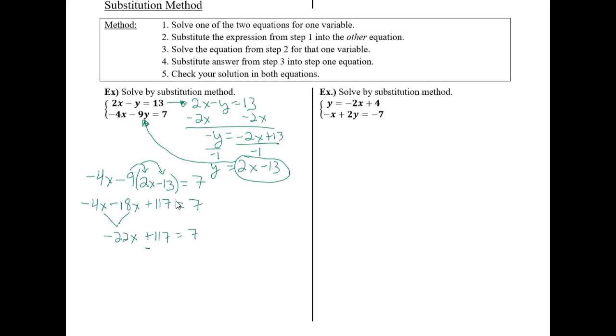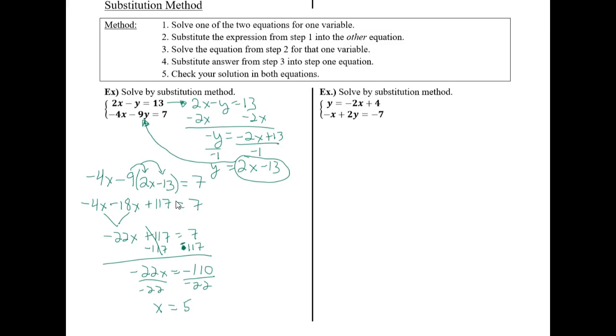I need to get x alone. I subtract the constant to move it over to the other side of the equation. That's a minus. Now I have -22x equals 7 minus 117 will be a -110. And then I need to divide both sides by a -22. And a negative divided by a negative will end up positive 5.